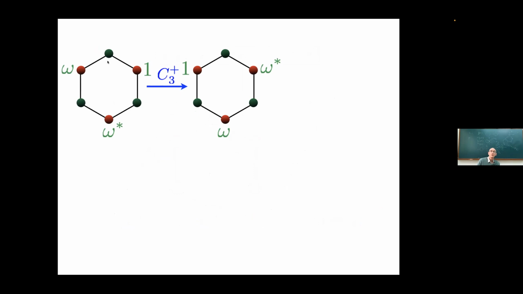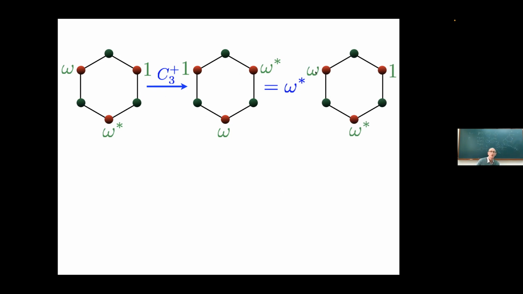I know that this is still the same Bloch wave because K is invariant. It doesn't look like the same Bloch wave, but it's the same Bloch wave. In fact, it's the same Bloch wave multiplied by omega star. So this is the phase. When I rotate this Bloch wave at the K point, it's still a Bloch wave at the K point, but multiplied by this phase.